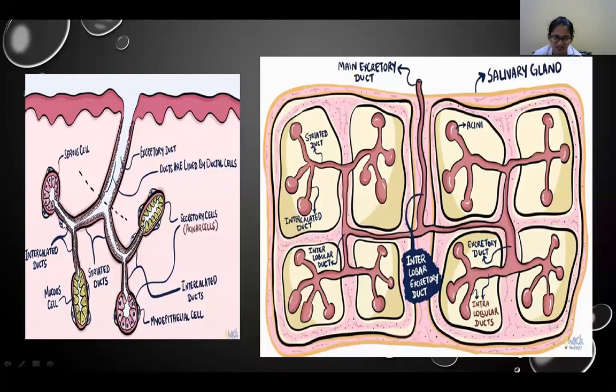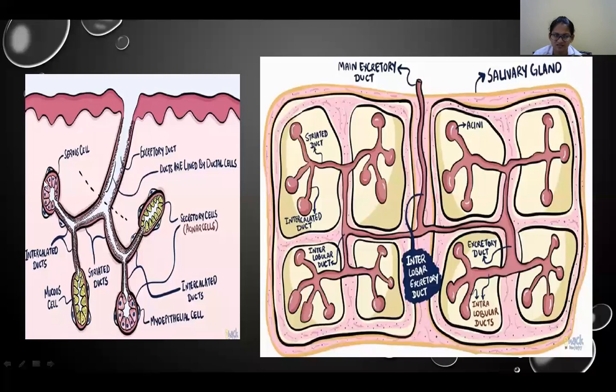From the intercalated duct, it expels the secretion into the striated duct. From the striated duct, it expels the secreted product into the main excretory duct. From this main excretory duct, it is expelled onto the surface epithelium. This is about the arrangement of the ductal system.